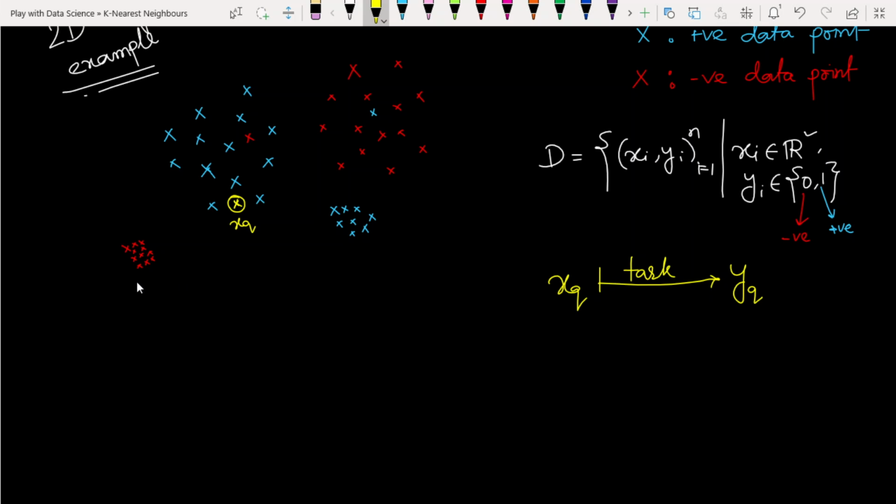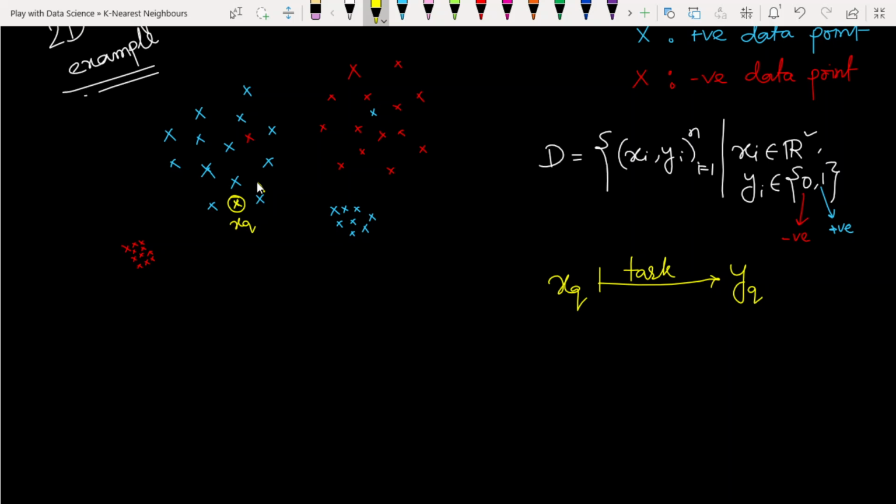Now the geometrical concept is here. First, we have to find the points that are close to our xq, that is, the neighbors of xq. We have to consider the points that are neighbors of this point. Suppose I consider this point as a neighbor point of this one.